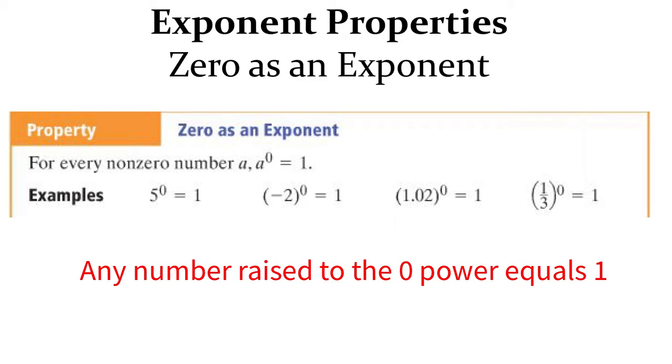And that's what our next screen tells us: when you have 0 as an exponent, for every non-zero number, a to the 0th power is 1. We can see that with each of our examples here: 5 to the 0 is 1, negative 2 to the 0 is 1, 1.0 to the 0 is 1, and 1/3 to the 0 is 1. So the simplification we always want to remember is that any non-zero number raised to the 0 power equals 1.